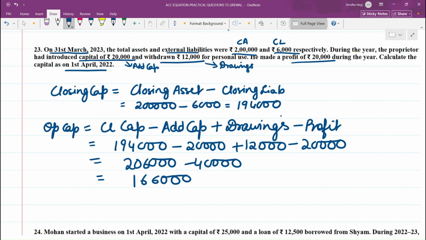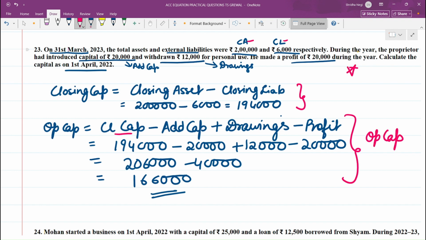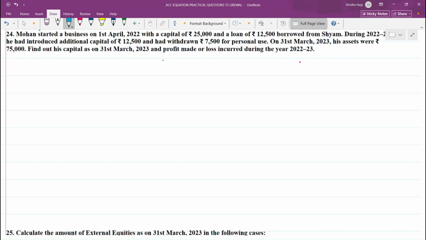It is 1,66,000. So your opening capital is how much? It is 1,66,000. Okay. So here first you have to find out the closing capital from the closing asset and closing liability, and then from the closing capital you have to find out the opening capital. Very important question.